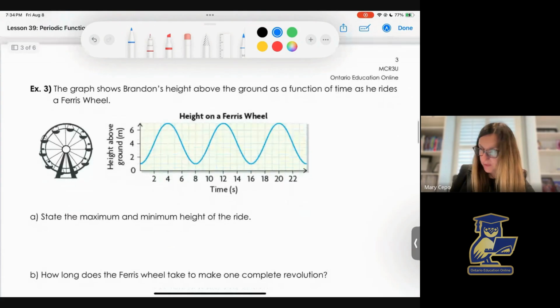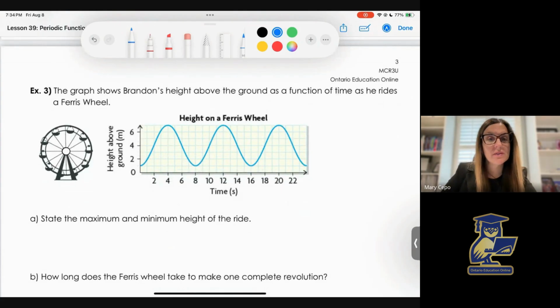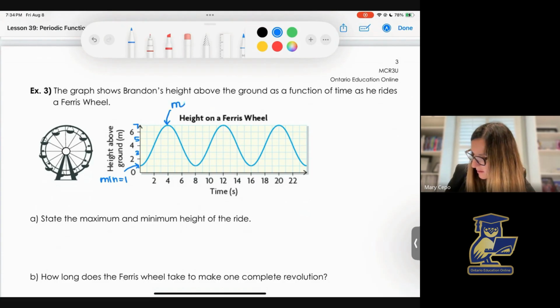Okay, looking at example 3, we have the graph shows Brandon's height above the ground as a function of time as he rides a Ferris wheel. Now notice he gets on at the minimum point, so min is equal to 1, and then the max is equal to 7.